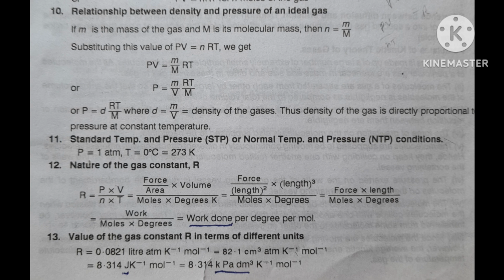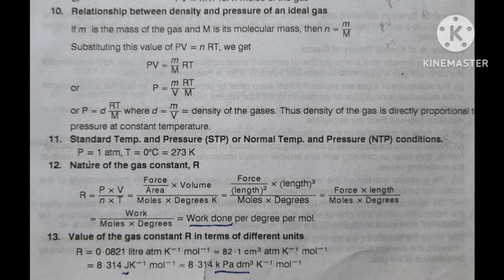Because for any particular gas, the R value is fixed, the T value is fixed at a particular temperature, and the molecular weight of the gas is fixed, hence d is the variable. RT upon M is just like a constant value. Then P is directly proportional to density d.